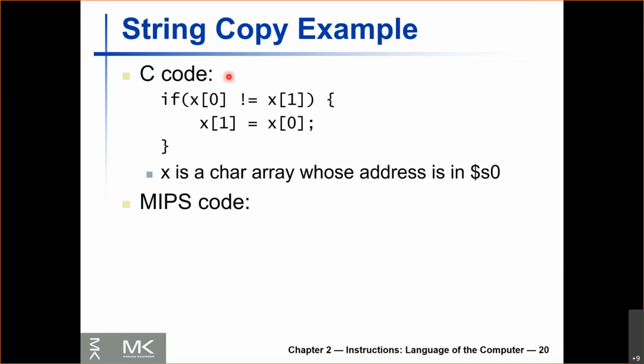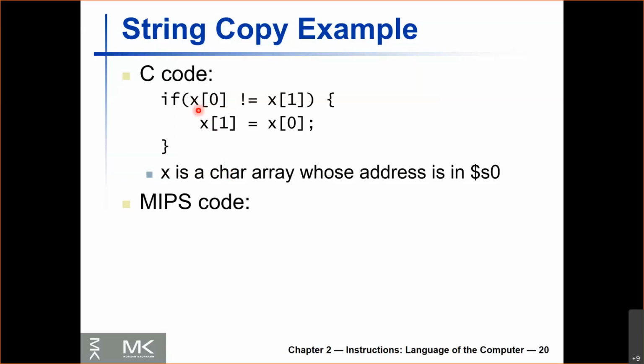So the first thing I do is load x[0]. Well, x is a character array, so x[0] is a byte. So we're going to do load byte. Since this is a character, I'm not processing integers, I'm processing characters, and characters are like unsigned integers. So we're going to use load byte unsigned.